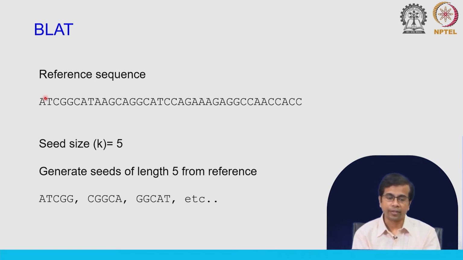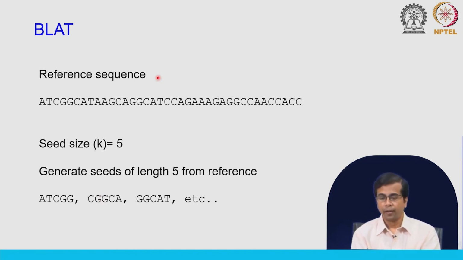We follow the same process. We start from the beginning and take a seed of length 5, counting only 5 bases. Then we move on to the next base, take the next 5, and so on, and these are the seeds that we will get. You can do this for the whole reference sequence.